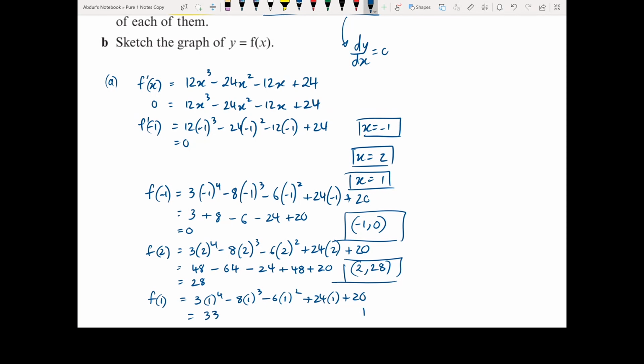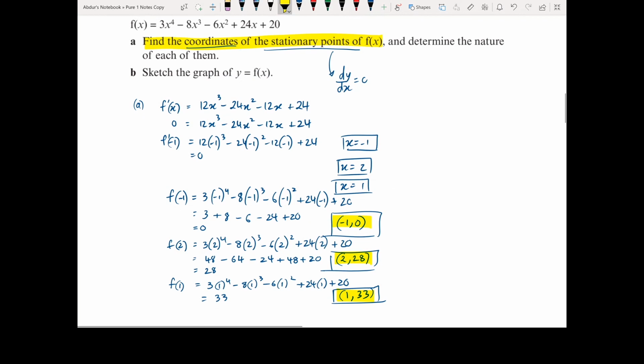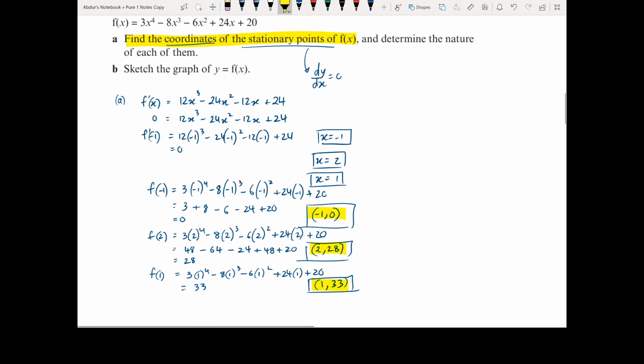So here the coordinate is (1, 33). So we've got our 3 coordinates for the stationary points. We haven't completed here. We need to go and determine the nature of each of them.